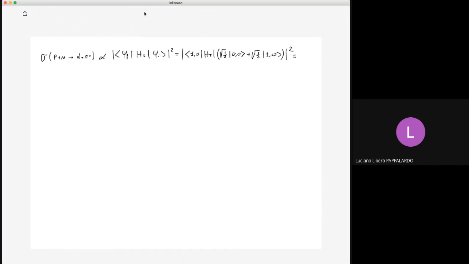So let's work out this. So we have as a first term square root of 1/2 <1,0|H|0,0>, plus square root of 1/2 <1,0|H|1,0>, all squared.